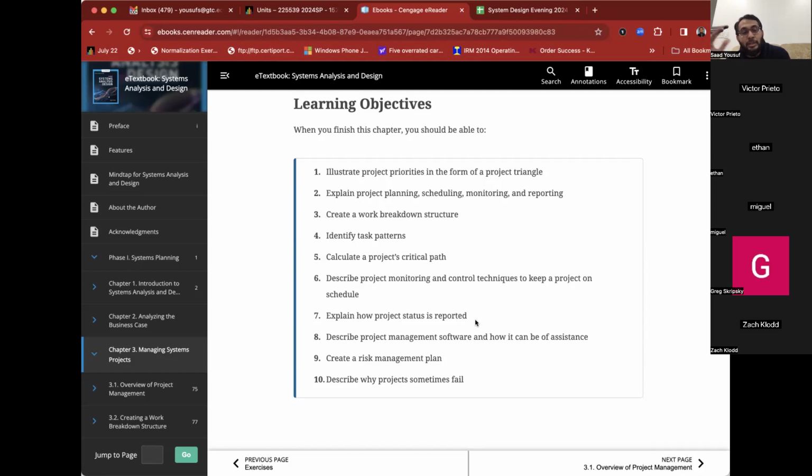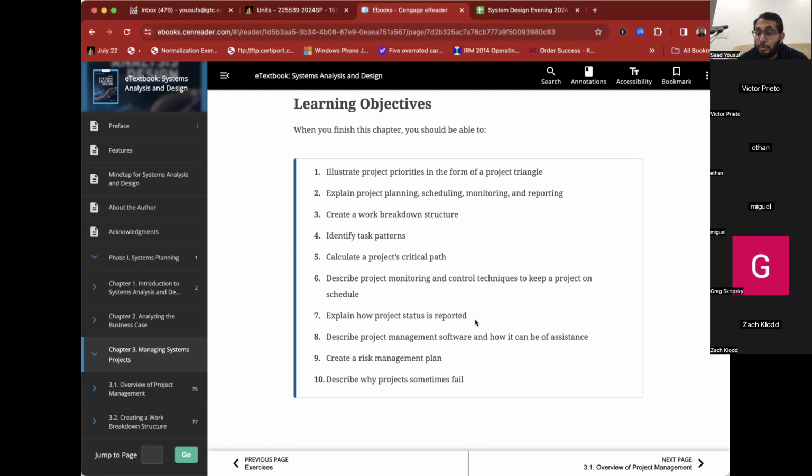Then you will be looking at explaining project planning, scheduling, monitoring, and reporting processes. One of the most important components of today's class will be WBS, work breakdown structure. Again, we will also be looking at project tasks, and then looking at PERT, CPM, critical path.